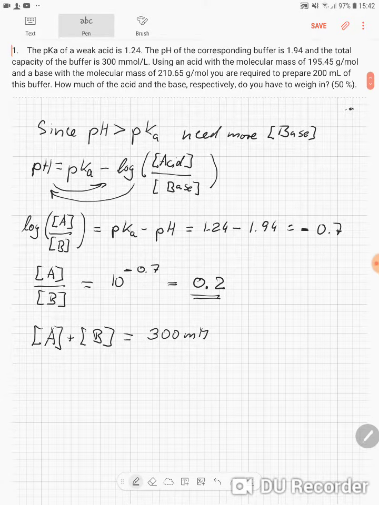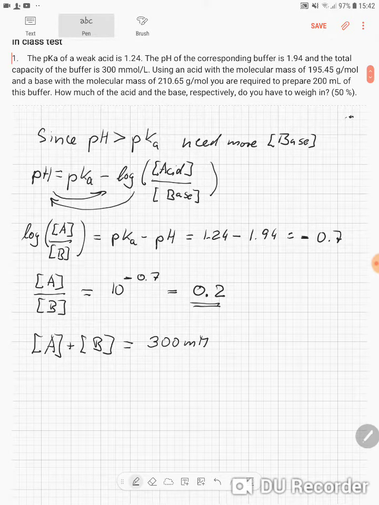And we need to make up 200 milliliter of this buffer, so that's set in here.